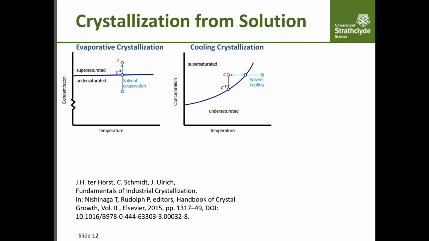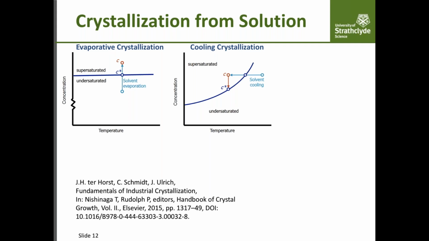Then cooling crystallization makes use of the large temperature dependence of the solubility, like shown in the second graph. You need a large change in solubility as a function of temperature, and you would prefer a low solubility at the low temperature at the end of your cooling crystallization, so that you can remove most of your solute from your solution.